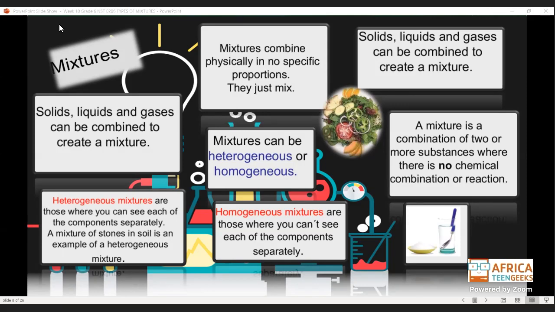So I'm actually going to do it here. We've got a heterogeneous mixture. This one, you can see each component separately. For example, I will put here a mixture of stones and soil.